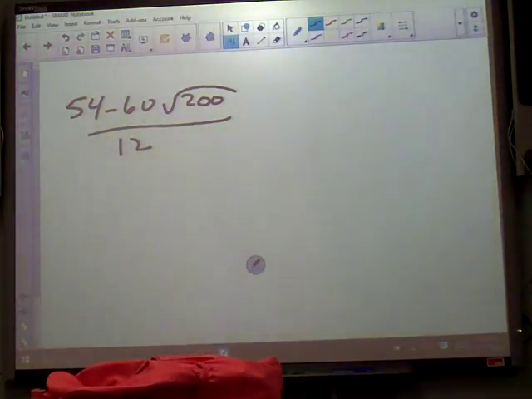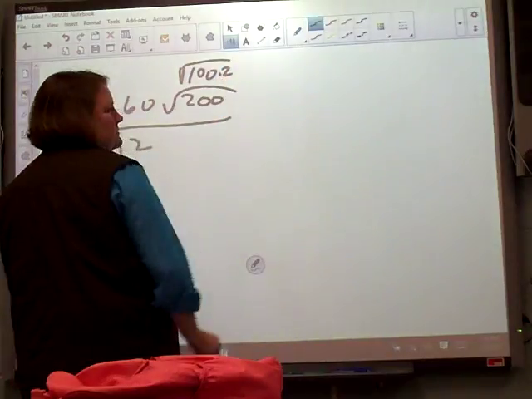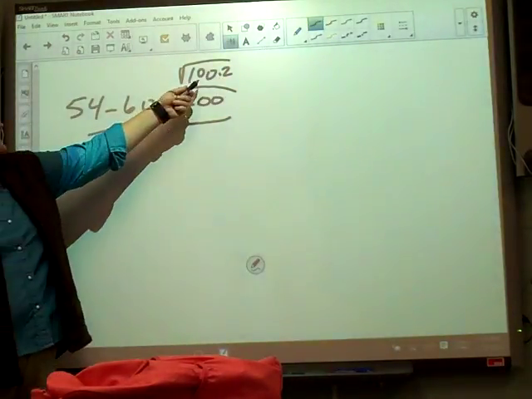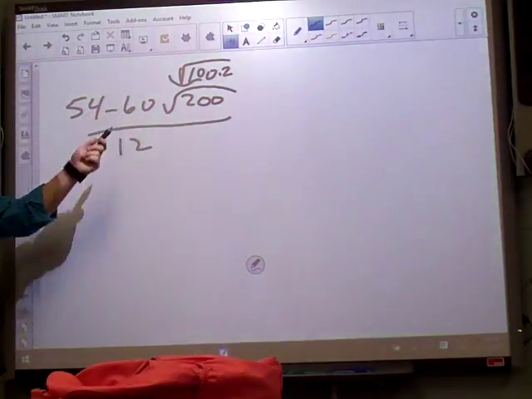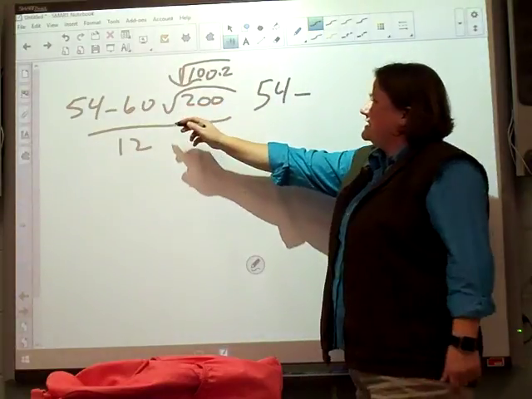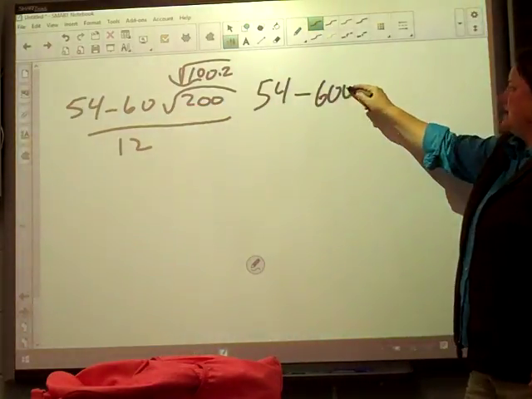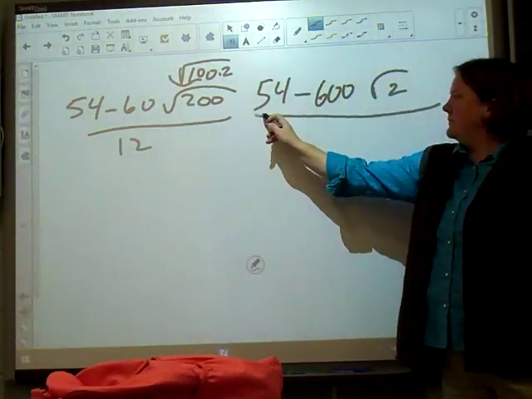We know the square root of 200, perfect square-wise, is 100 times 2, right? Square root of 100 is 10. So I'm going to bring a 10 out, multiply it by that 60 that's already out there. So I got 54 minus 60 times 10 is 600. Square root of 2 still left in the radical.